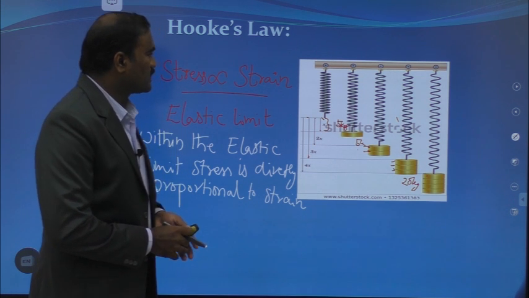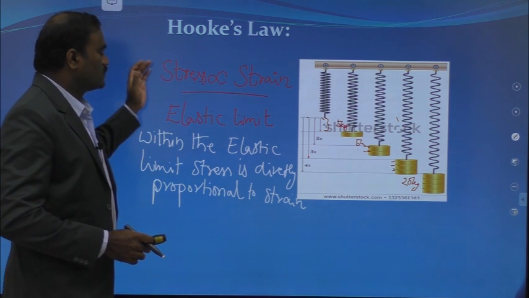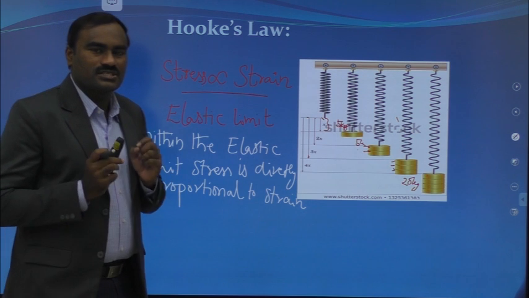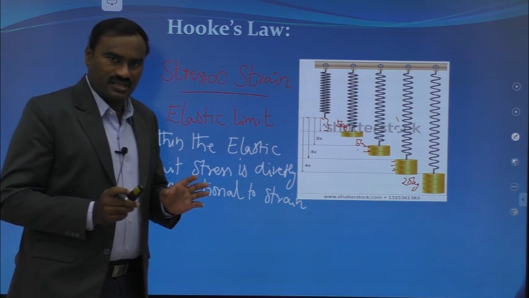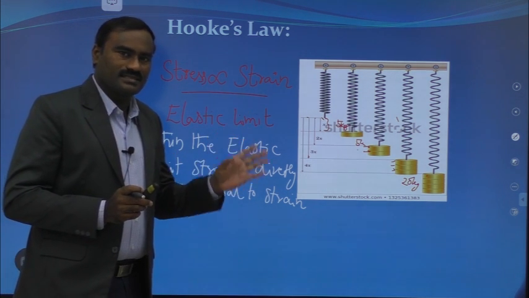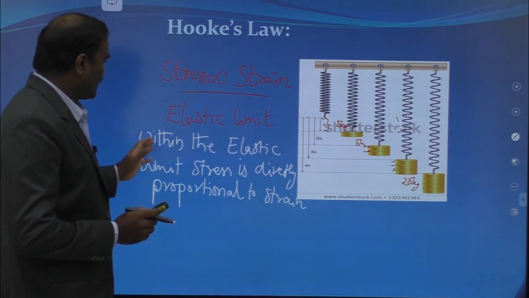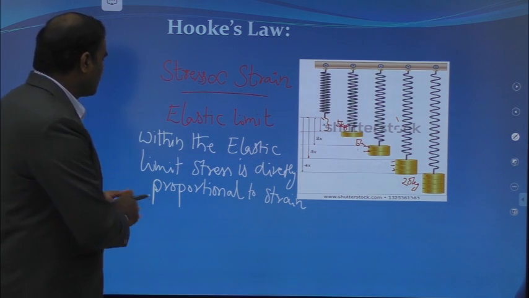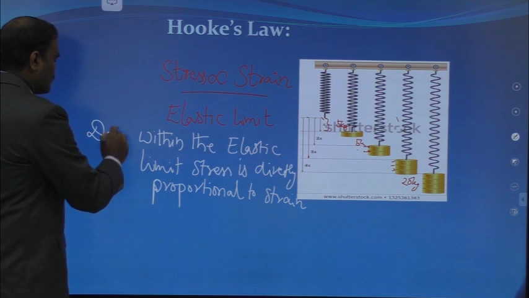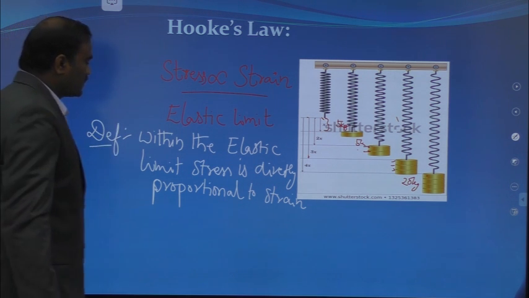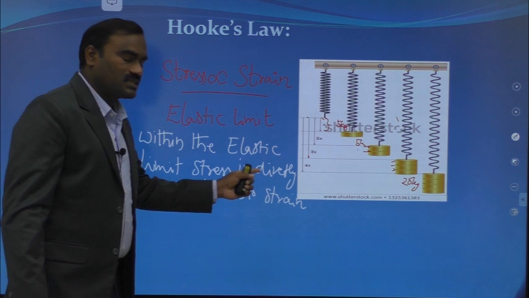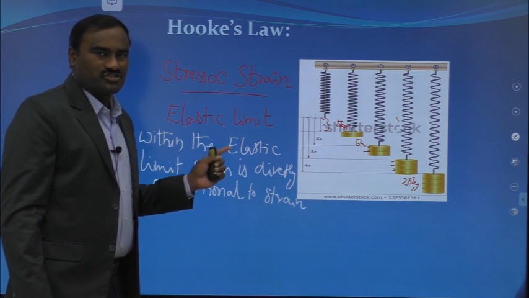Let us see once again what Hooke's law is. Hooke's law gives the relationship between stress and strain within the elastic limit. So Hooke's law can be defined as, within the elastic limit, stress is directly proportional to the strain.